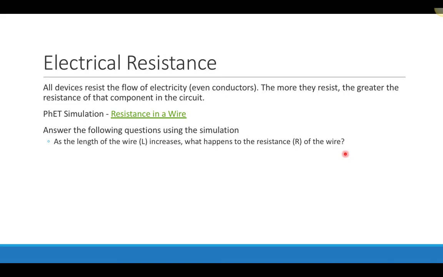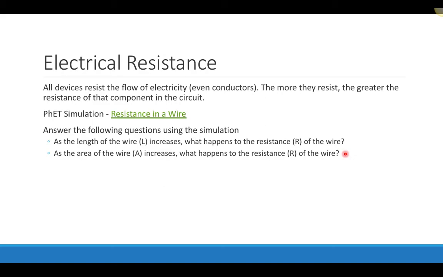So as you increase the length of the wire, the resistance of the wire, how much that wire is resisting the flow of electricity, actually increases. So you can imagine that the longer the wire is, the more the electrons can bump into atoms as it goes, and those electrons can slow down.